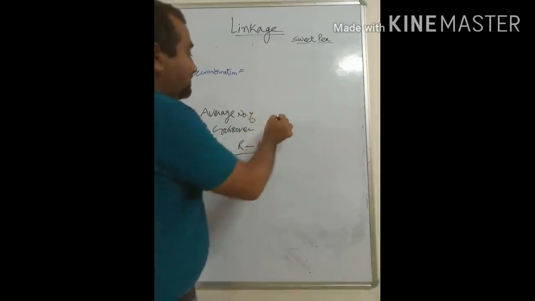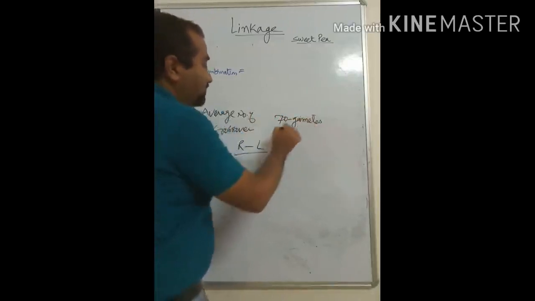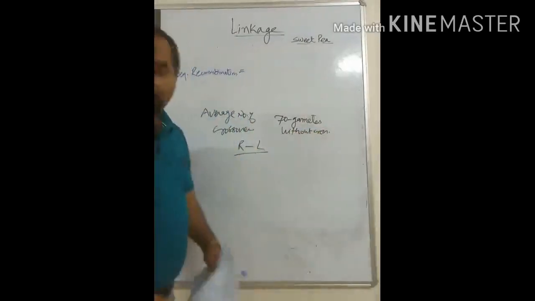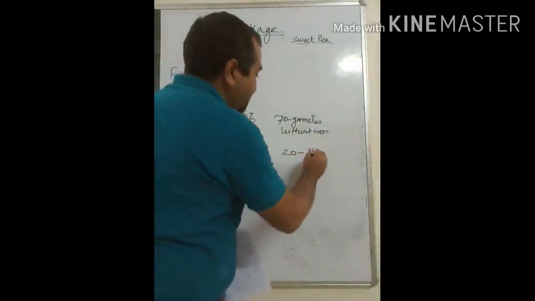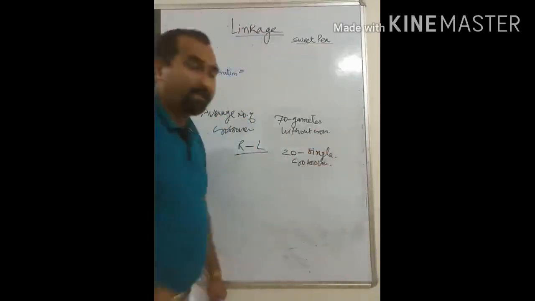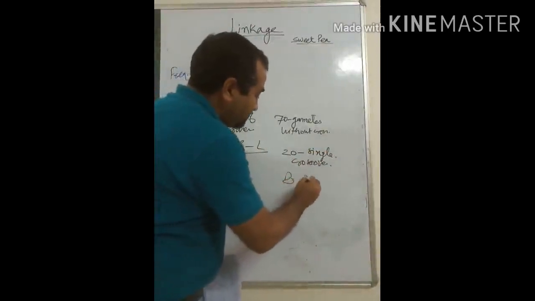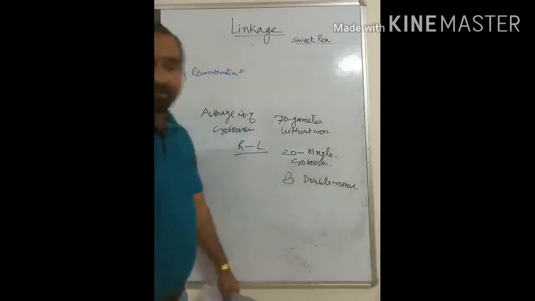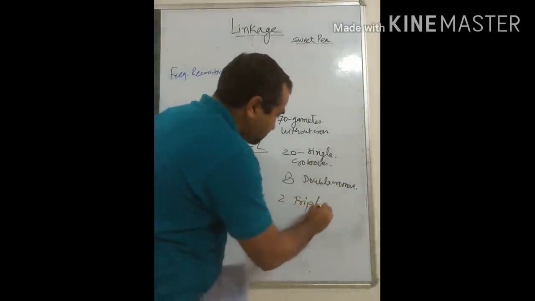Suppose in this case 70 gametes are without crossover, and 20 gametes are with single crossover, and 8 are with double crossover, and 2 are triple crossover.